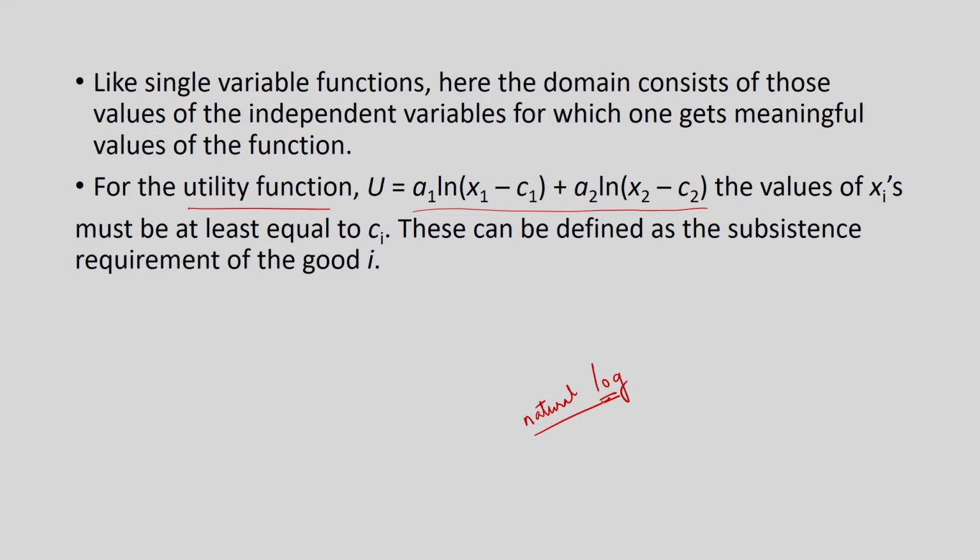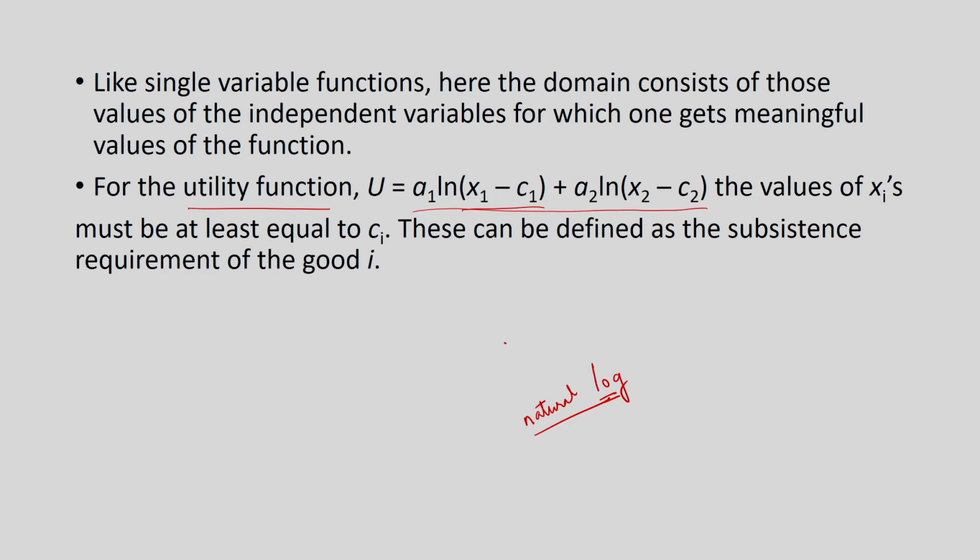So, in this case you have a1 log of (x1 minus c1) plus a2 multiplied by log of (x2 minus c2). The values of xi's must be at least equal to ci, because only if ci is less than xi does the value inside become positive.